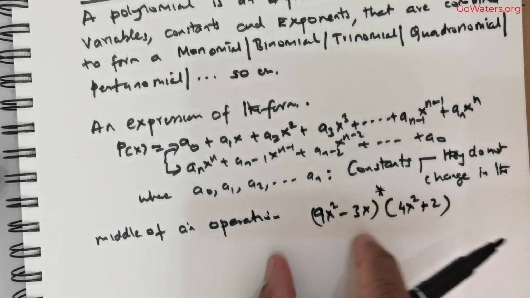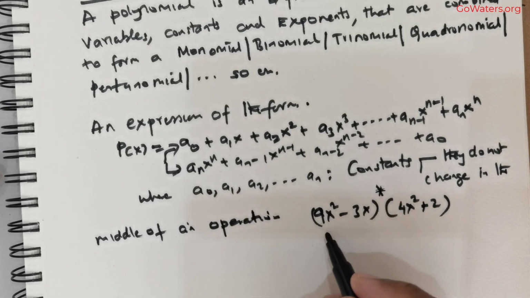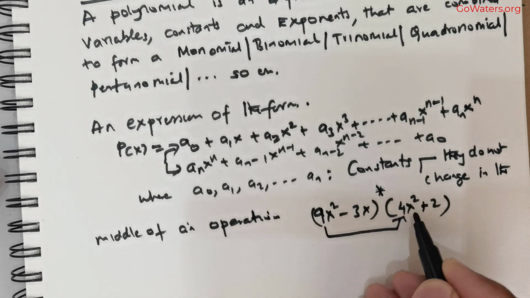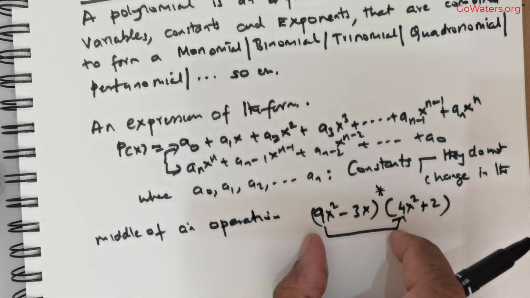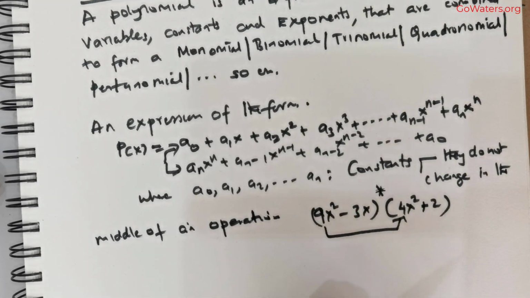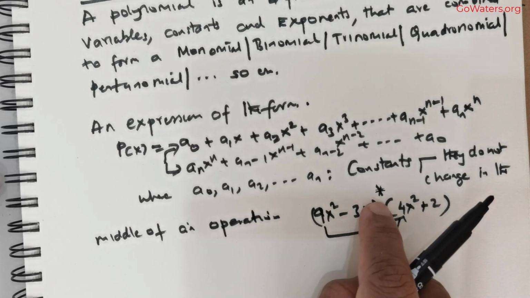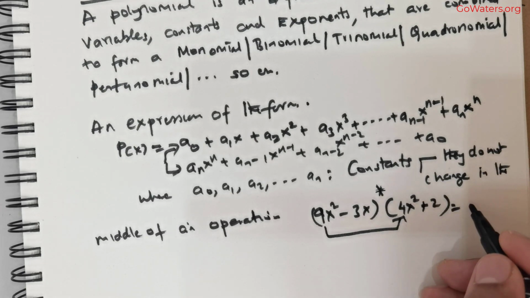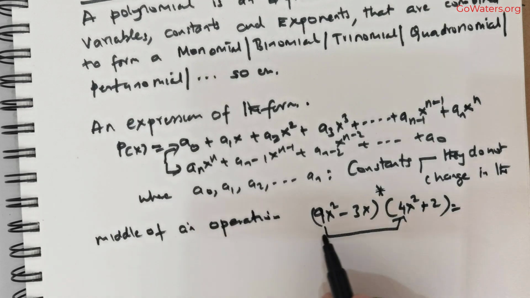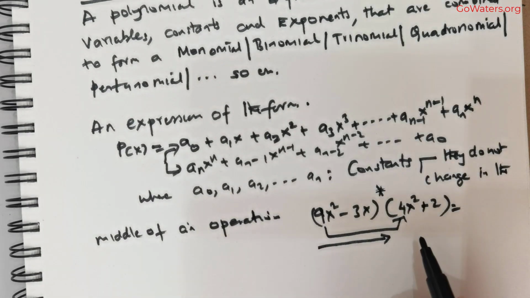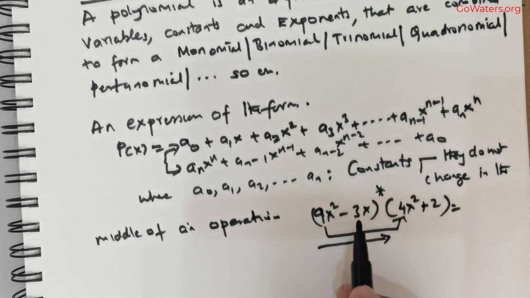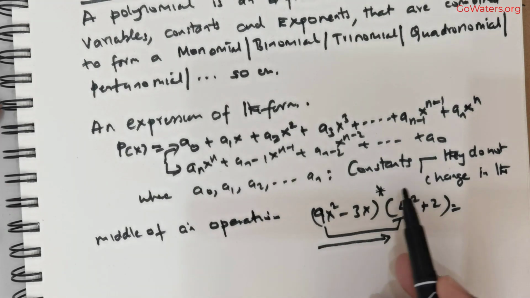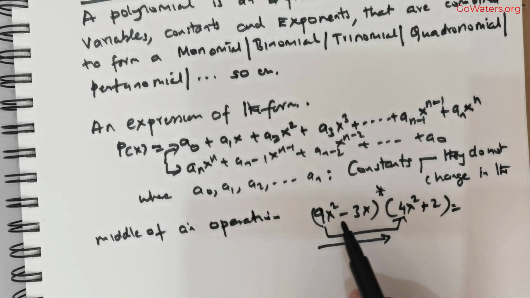The moment this term 9x squared is multiplying 4x squared, when that act is committed, the value of the 9 will stay as it is during the course of the operation. After the operation is completed, a result is produced, right? That is a different part of the operation. So while the operation is being performed, 9 will remain 9. So a constant means a quantity which will not be altered during the course of an operation.